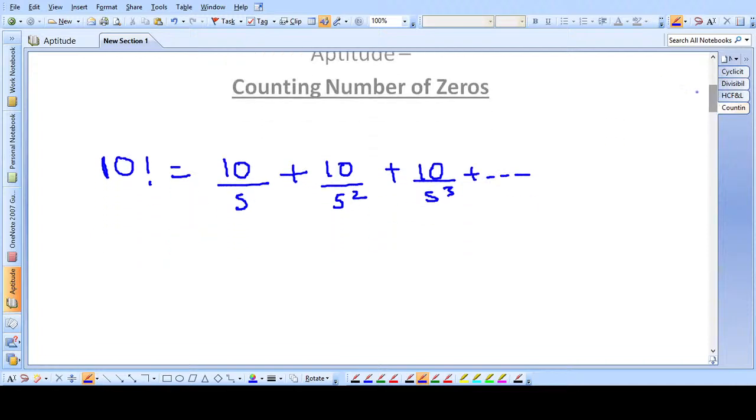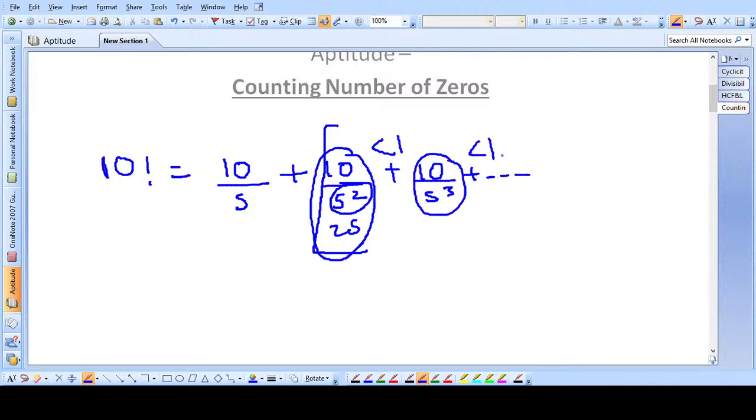Now see, 5 square is 25, so 10 divided by 25 will be less than 1. We will not take the series once it becomes less than 1.